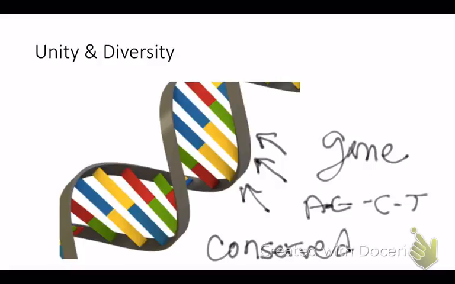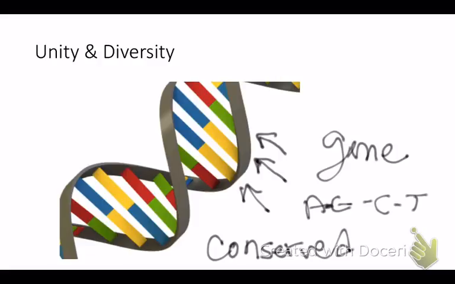So if you look at the same gene for anything, an enzyme will have a gene that codes for it. The enzyme to make carbon dioxide turn into carbonic acid, the carbonic anhydrase enzyme. You're going to see the same sequence in humans, in chimpanzees, in monkeys, in armadillos. We're all going to have pretty much the same sequence. We have the same genes. And that genetic unity allows us to recognize that we are, in fact, all related to each other.